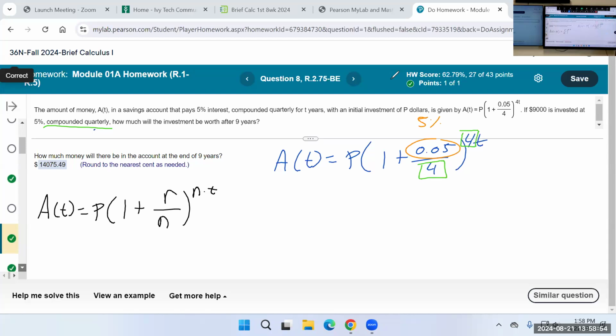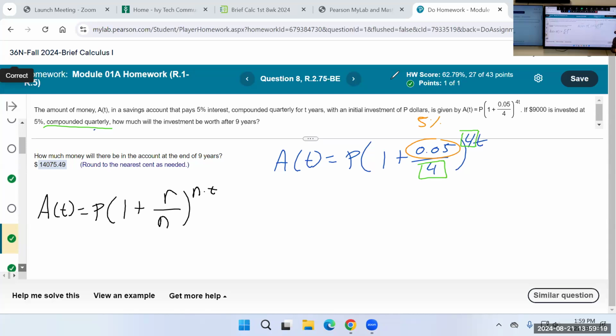What if this investment is compounded yearly, every year? Then the number of times it's compounded is once. So the n would turn into a 1. This problem says compounded quarterly, so it's 4 times. If it was compounded yearly, that's only 1 time a year. So this n would be a 1.